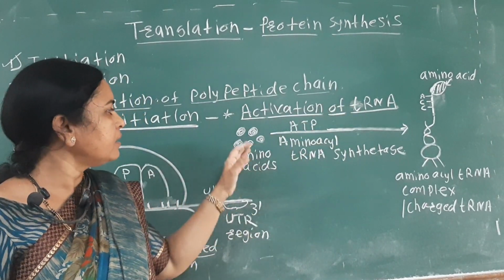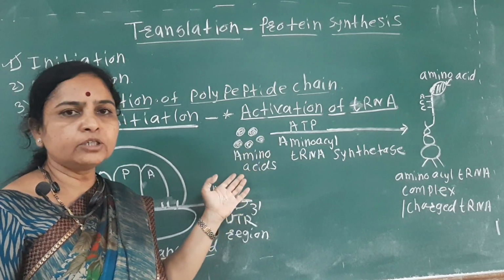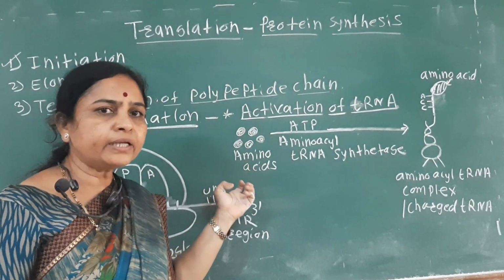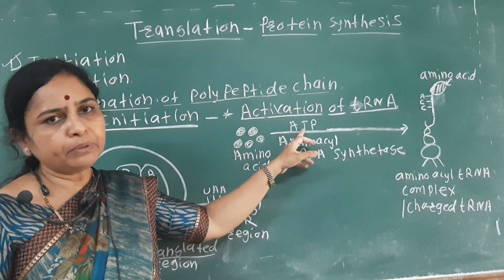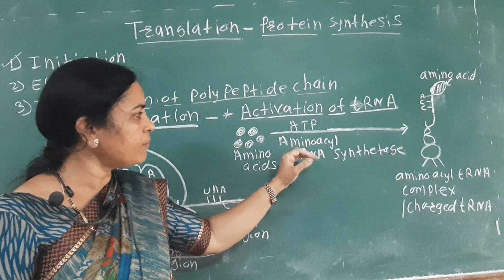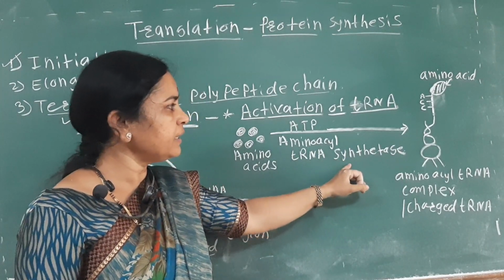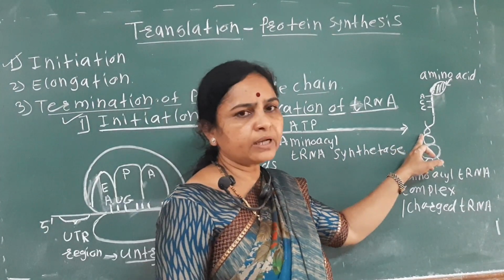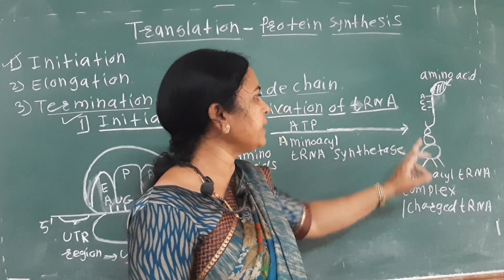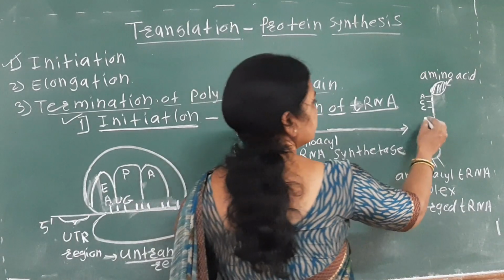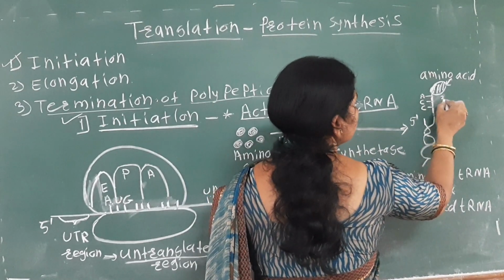In the cell cytosol there is the amino acid pool with 20 amino acids. In the presence of ATP and the aminoacyl tRNA synthetase enzyme, the tRNA gets charged. The tRNA has two ends, the 5' end and the 3' end.